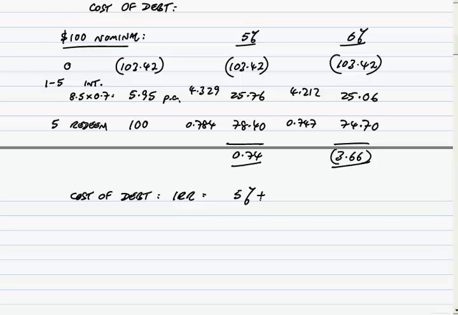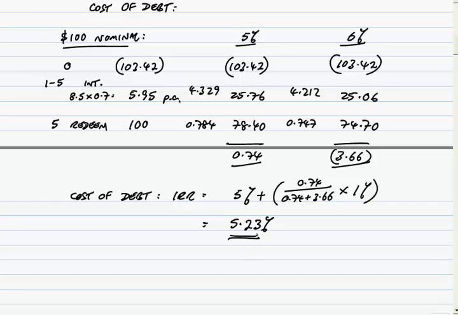It's 5% plus 0.74 over the total, times the difference between 5 and 6, which is 1%, which comes to... sorry, that took me a while on my calculator. I get 5.23%.